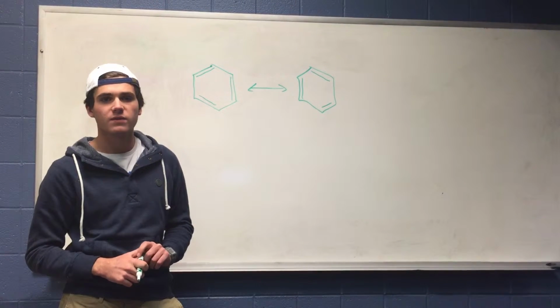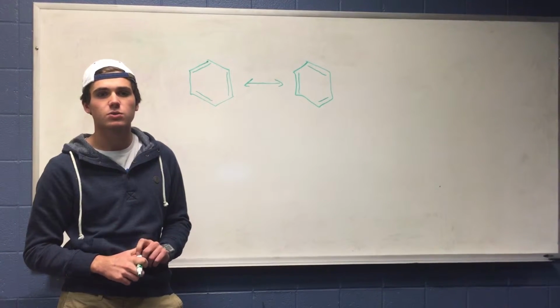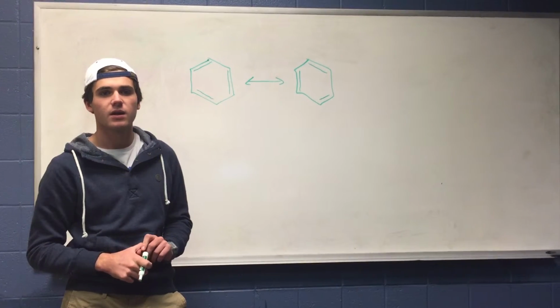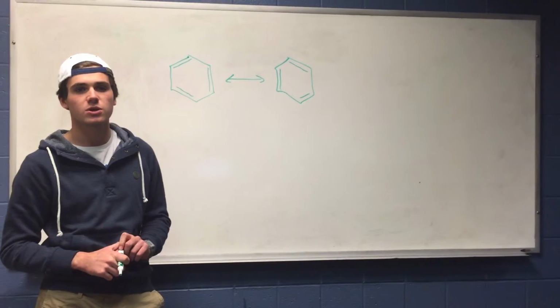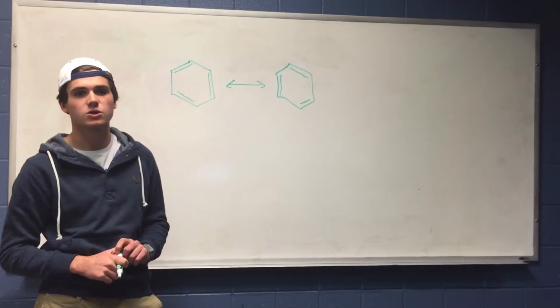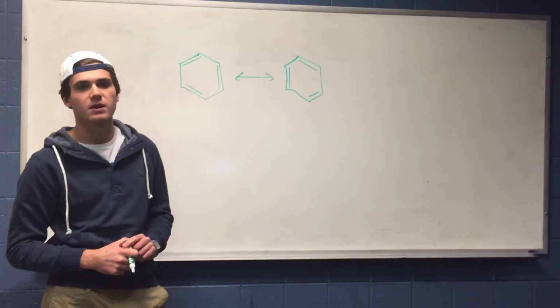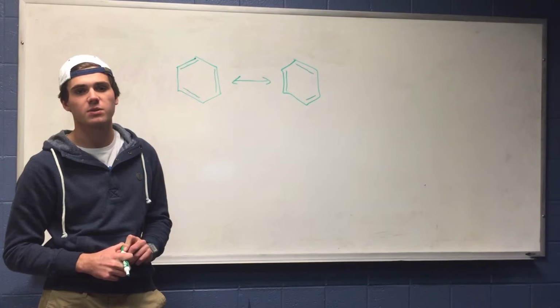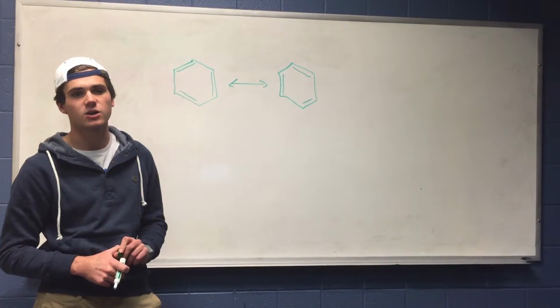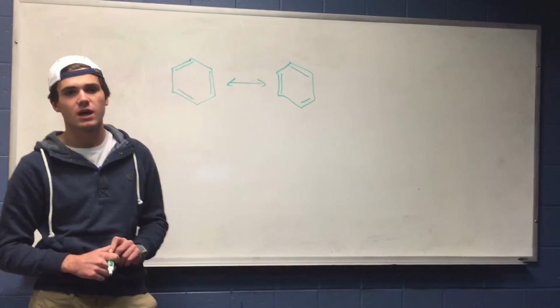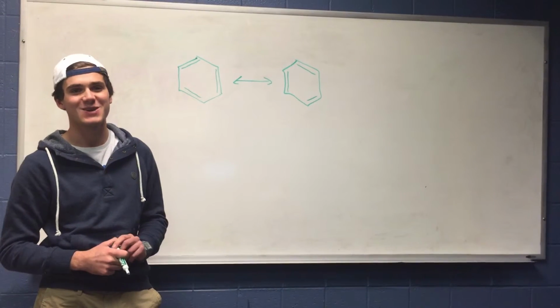Based on one of these Lewis structures, you would expect the carbon-carbon bond lengths to be approximately 133 picometers for double bonds and 154 picometers for single bonds. However, what is experimentally measured is that every carbon-carbon bond has a bond length of exactly 140 picometers. How can we possibly explain this?